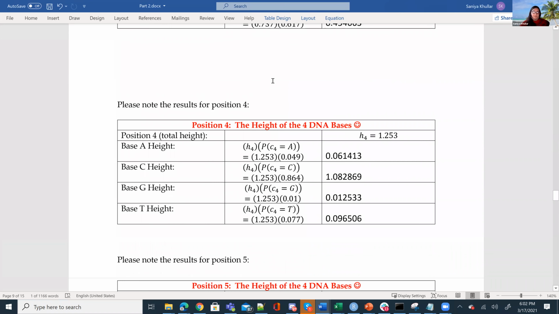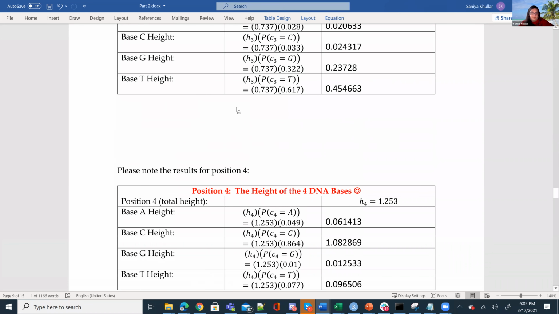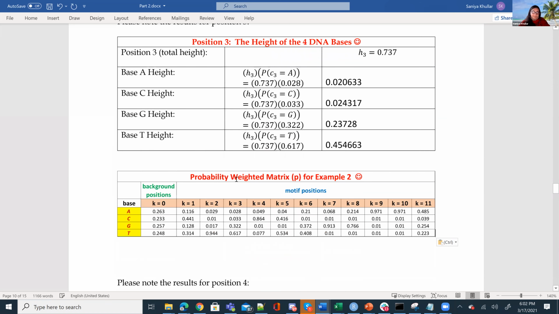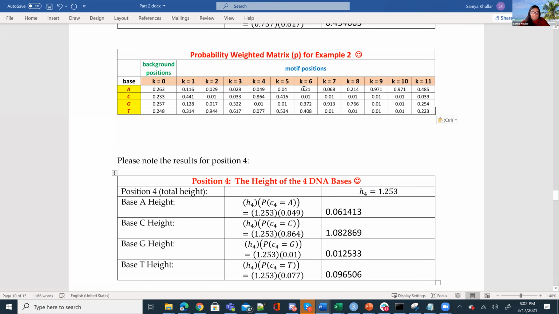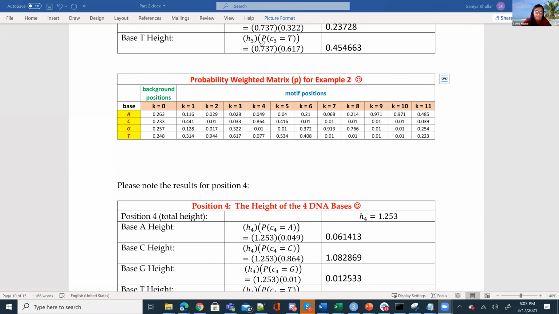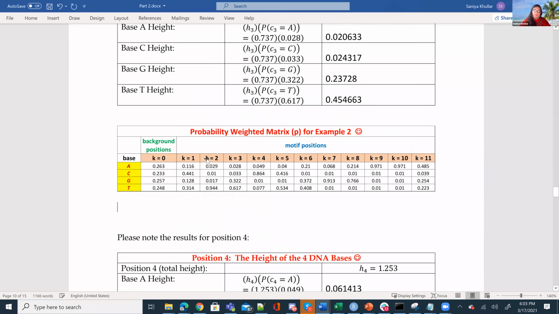This is for the 4th one. Let me also bring down the probability weighted matrix for your reference. You'll see that we're just going to focus on these values here, and that's what we get here. You just need the probability weighted matrix, and in essence you just need these 2 things.